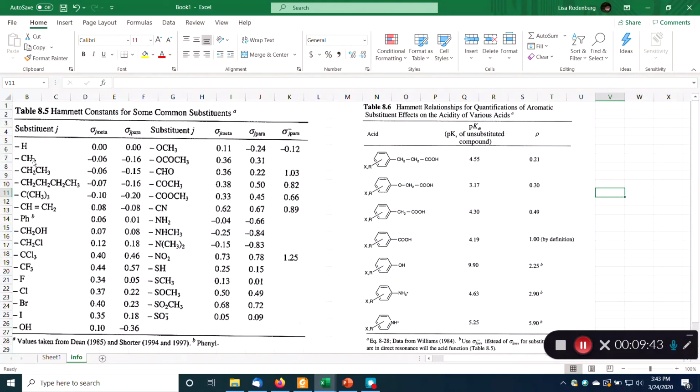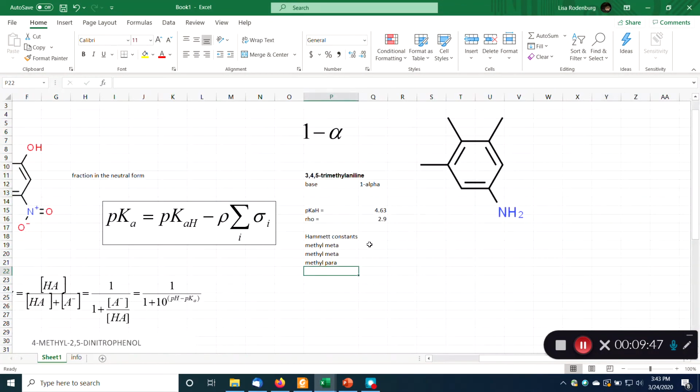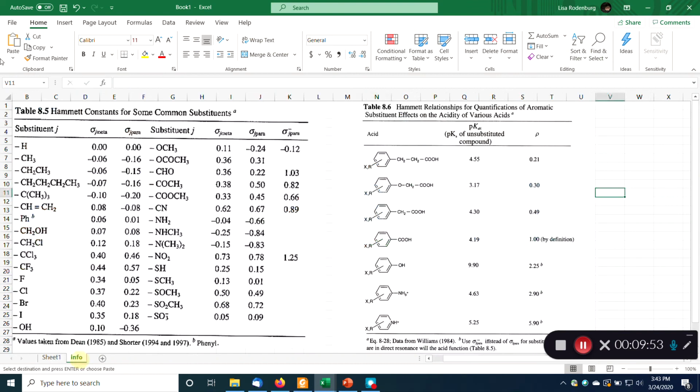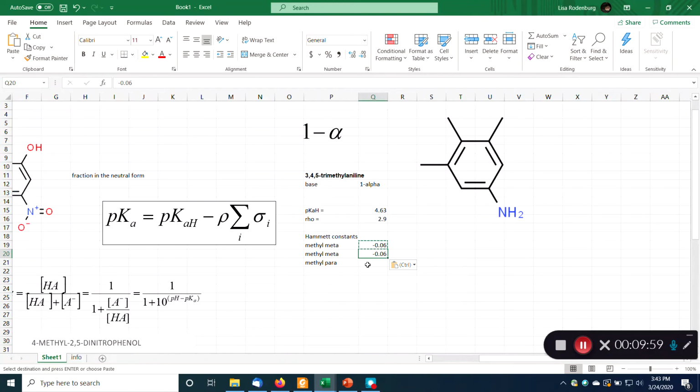Here's our methyl group. When it's in the meta position, it's minus 0.06. And when it's in the para position, methyl group in the para position, minus 0.16. There you go.